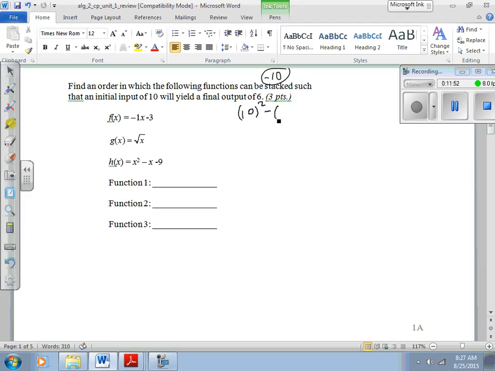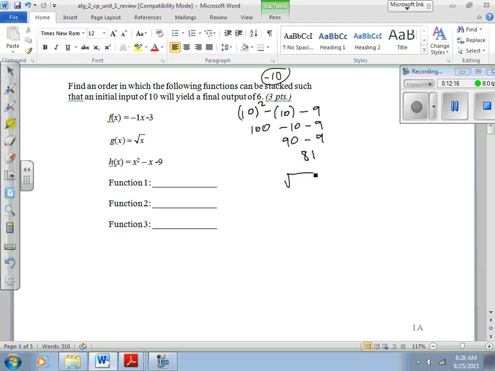10 squared minus 10 minus 9, that's 100 minus 10 minus 9, that's 90 minus 9, and that's 81. Okay, that number, 81, is a perfect square, yeah? So then let's try to put it in here, yeah?